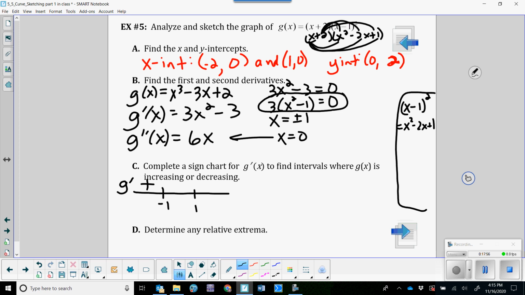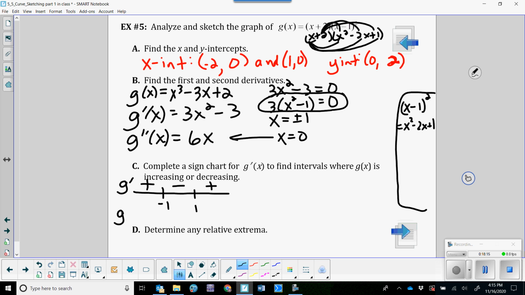And then if I pick between negative 1 and 1, like pick 0, I'm going to get negative. Pick a number bigger than 1, I'm going to get positive. I don't think too many people have had any difficulties with those, so I'm going to do those sign charts a little quicker now.